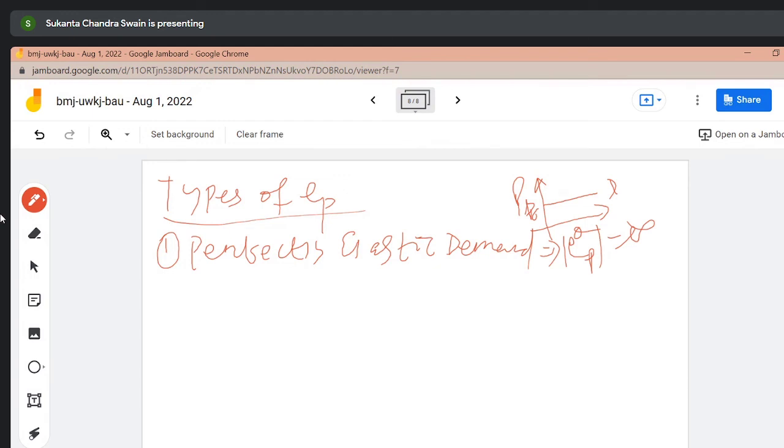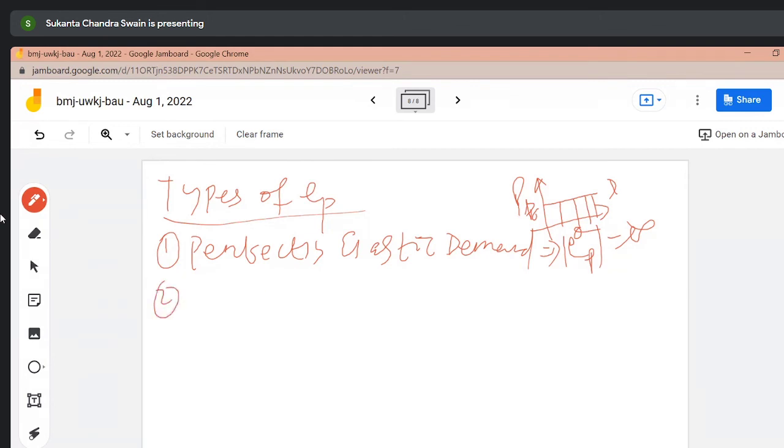Still, demand is infinitely changing. So perfectly elastic means the demand curve will be a horizontal straight line. With a very negligible change in price, approaching zero, there is an infinite change in quantity demanded. EP is equal to infinity. We don't have any such commodity practically which will fit here. It is a theoretically valid concept.